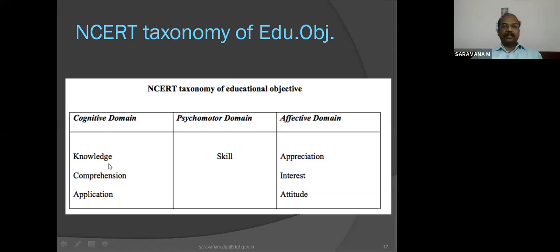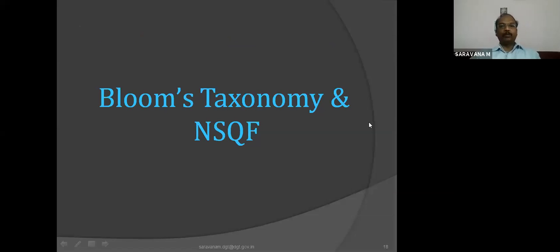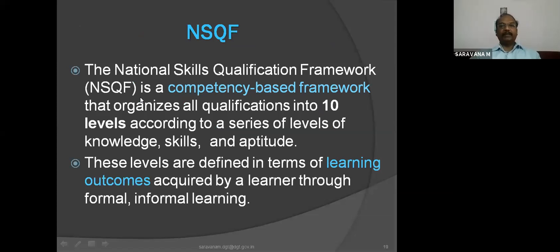So let us see how our NSQF has a relationship with Bloom's taxonomy. So Bloom's taxonomy and NSQF. The National Skill Qualification Framework, that is NSQF, is a competency-based framework that organizes all qualifications into 10 levels according to a series of levels of knowledge, skill, and aptitude.